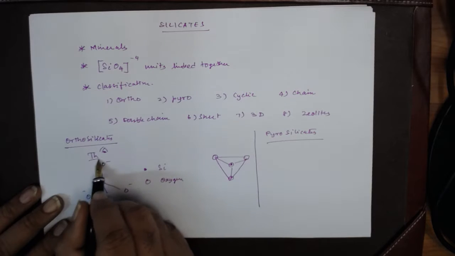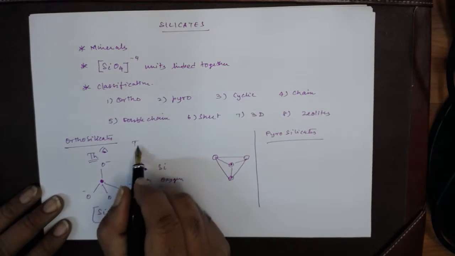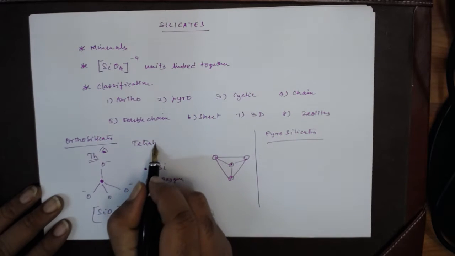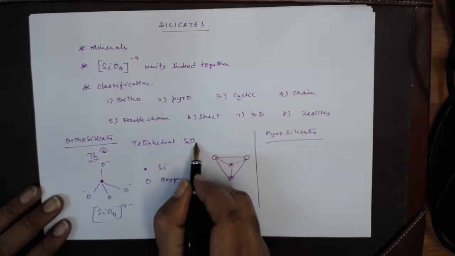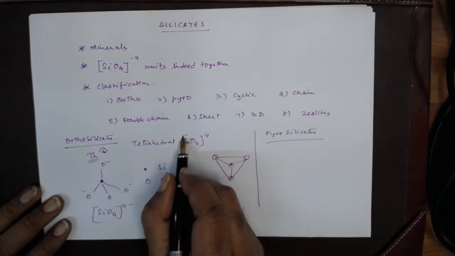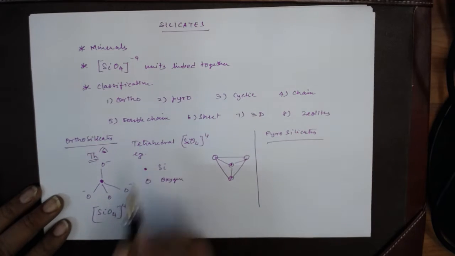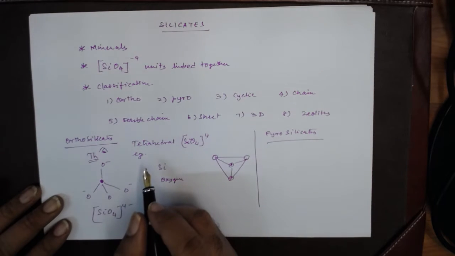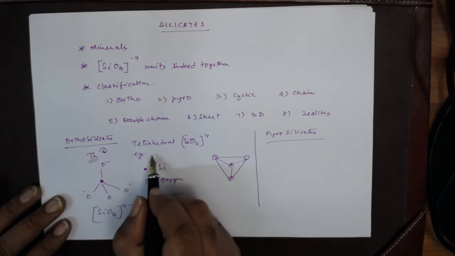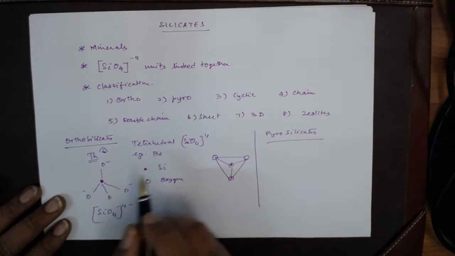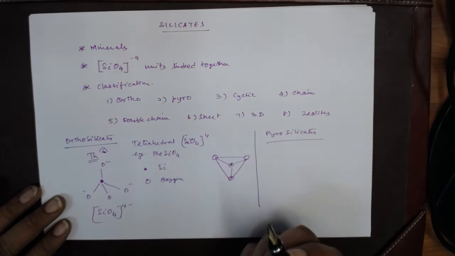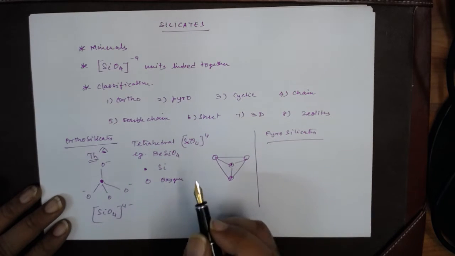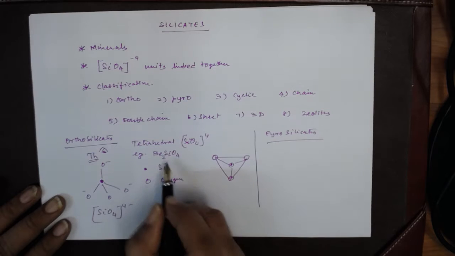As I already told you, it's a tetrahedral structure, SiO4 4 minus. Example, beryllium silicate, Be2SiO4.